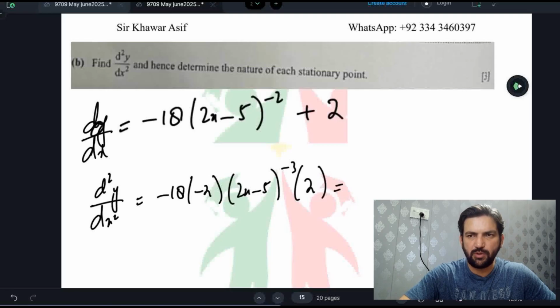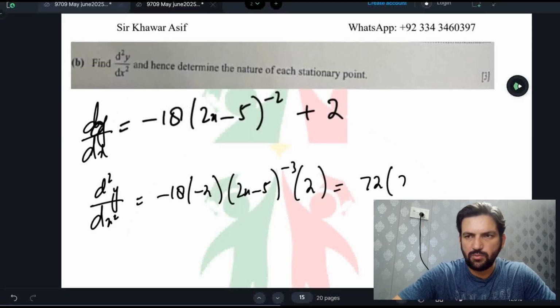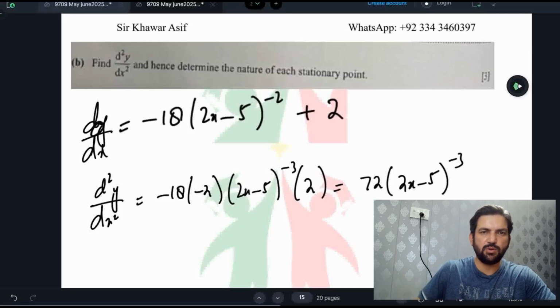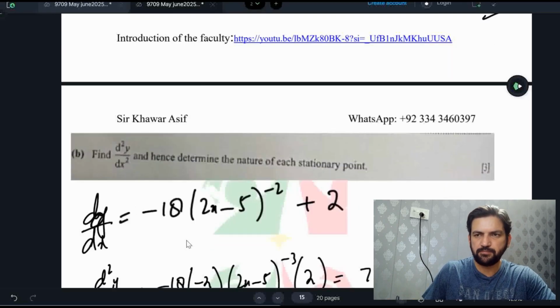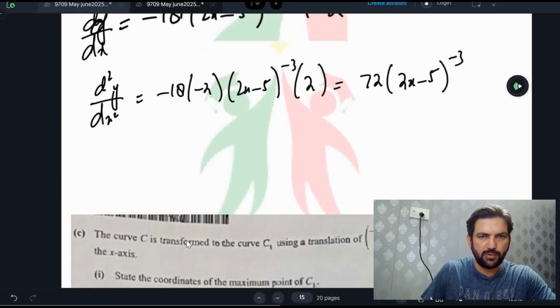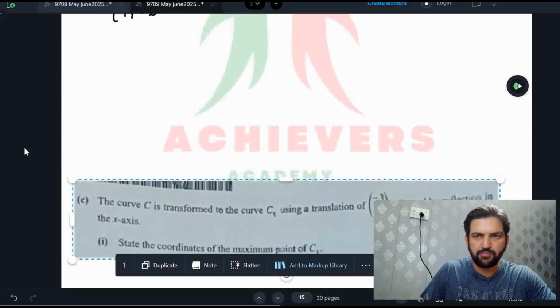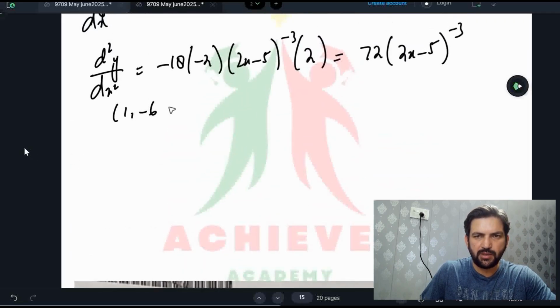The stationary points were 1 and minus 6, and the other one was 4 and 6. What we have to do is just put it in the equation. The first one will be 72 into (2 into 1 minus 5) to the power minus 3.